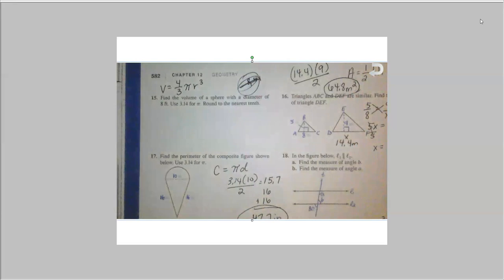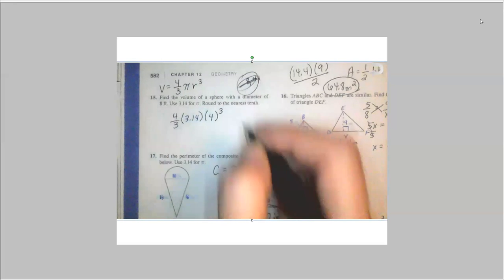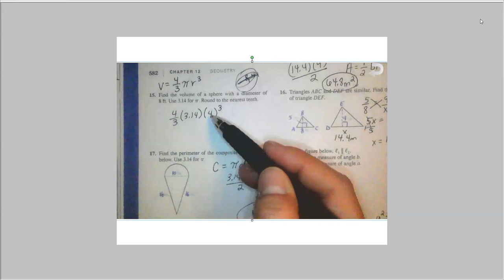I'm just plugging all that into my formula: 4/3 times 3.14 times 4 cubed, because remember, volume is always cubic units. 4 to the third power is 4 times 4 times 4, okay? Times 3.14 times 4 divided by 3, or you can do 4 divided by 3 times 3.14 times 4 times 4 times 4.